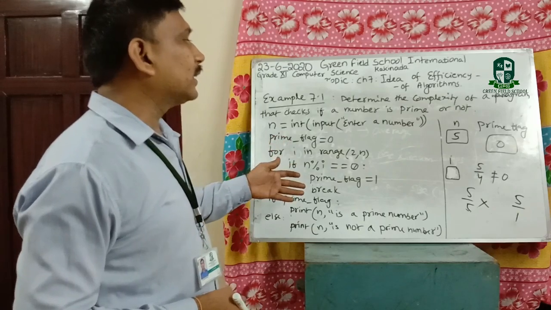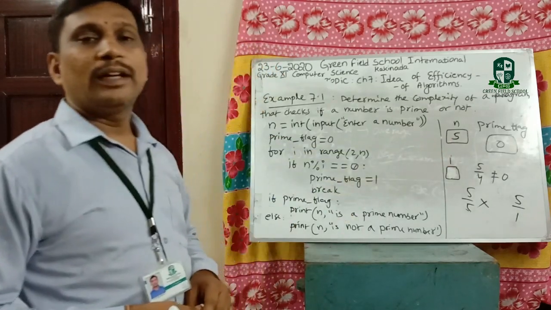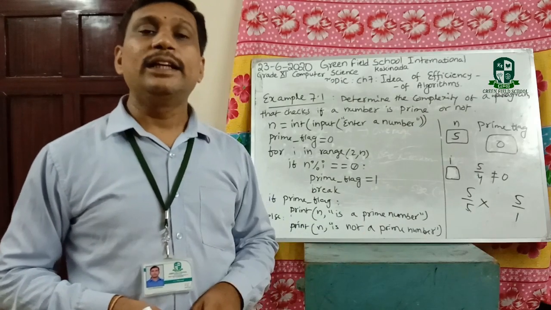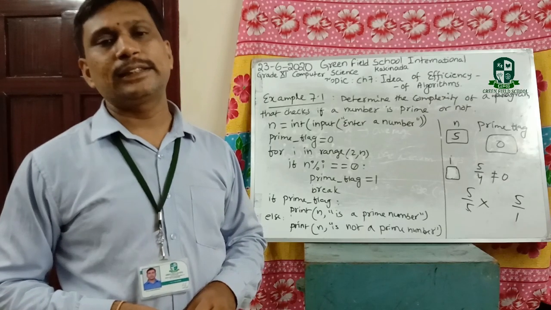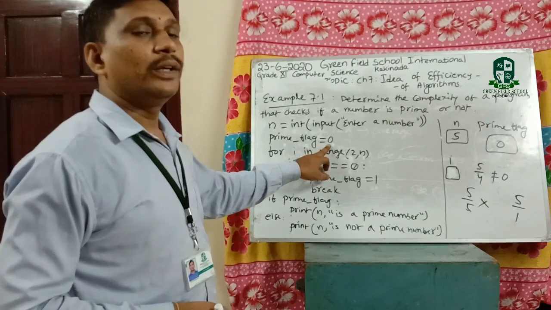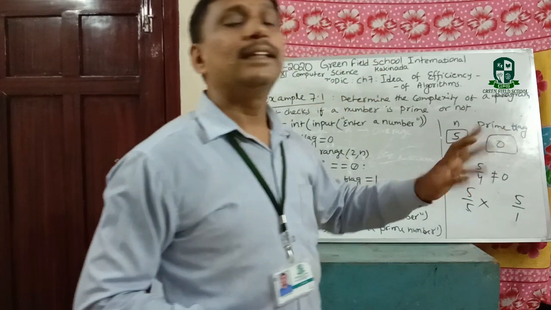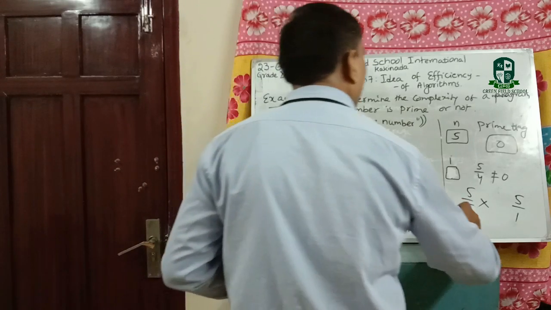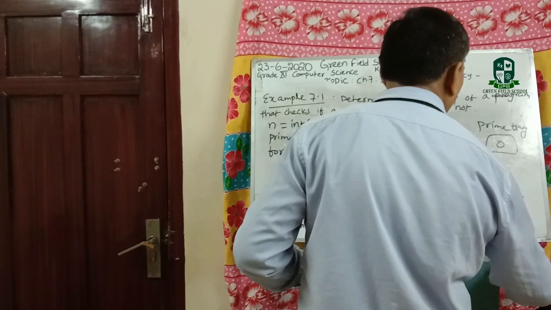In this logic, we calculate whether the given number 5 has only 2 factors or more than 2 factors. If the given number has only 2 factors, the flag stays 0 and is never changed to 1. That's why finally we print "5 is a prime number".